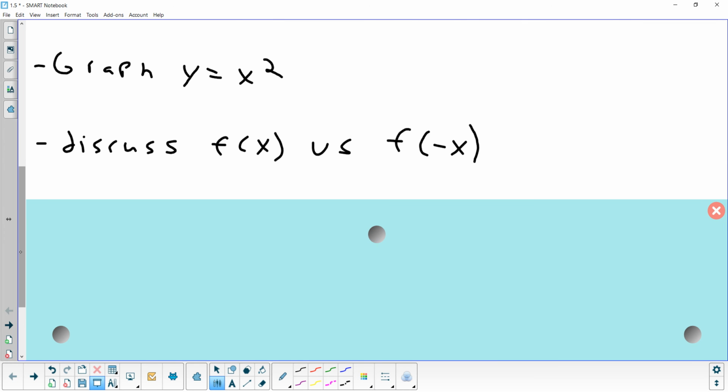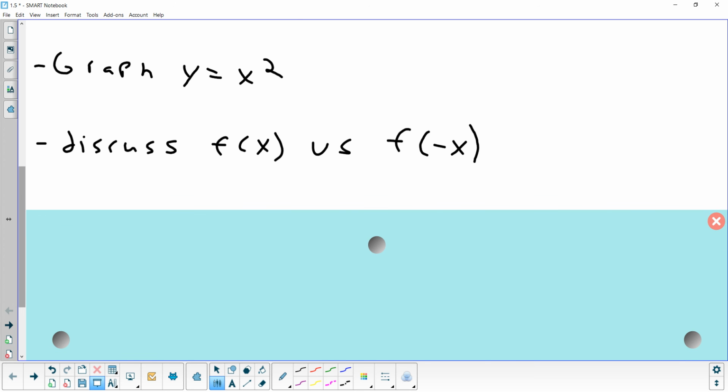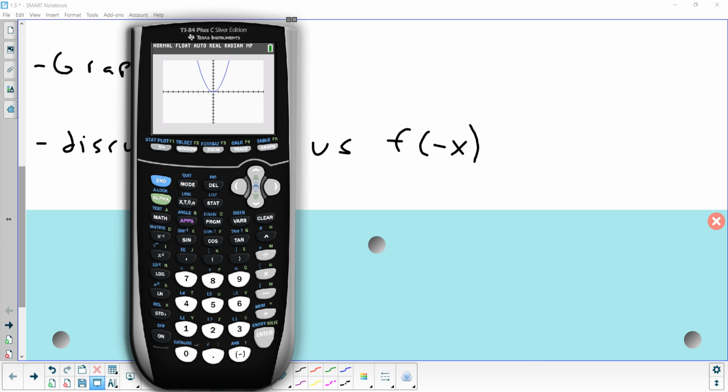Now, let's look at the difference between f of x compared to f of negative x. Let me make that line a little thicker so we can see it. So we've got f of x equals x squared.